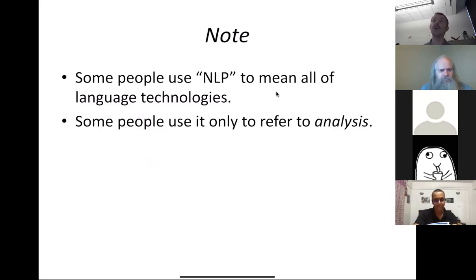But we're going to take an inclusive approach in this course. So for us, NLP will refer to all three of these categories: analysis, generation, and acquisition, as well as to speech in addition to written language. We're going to include all of those things. Ambitious, you say? Yes, but it makes sense to us.